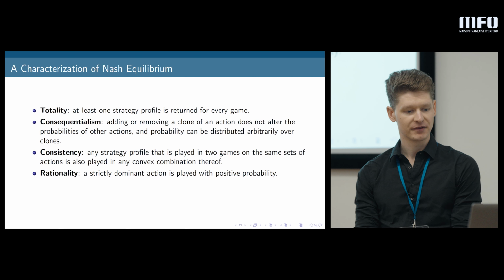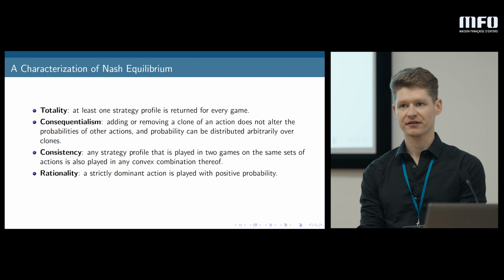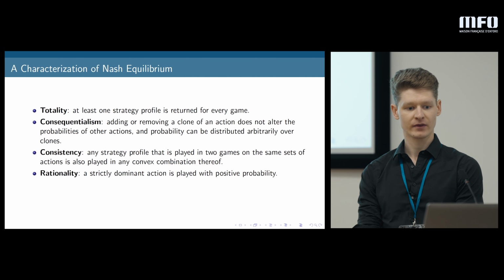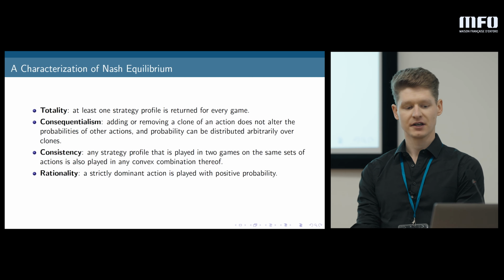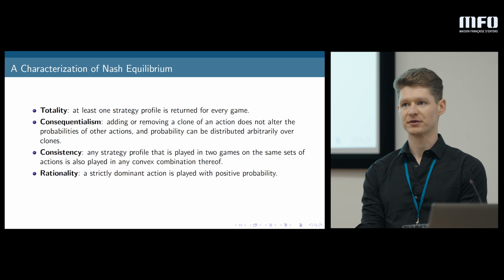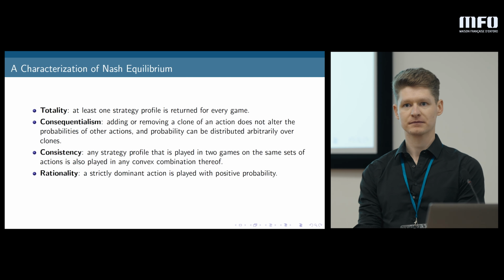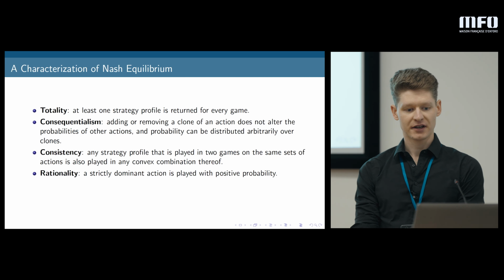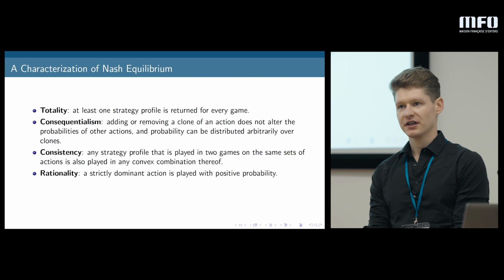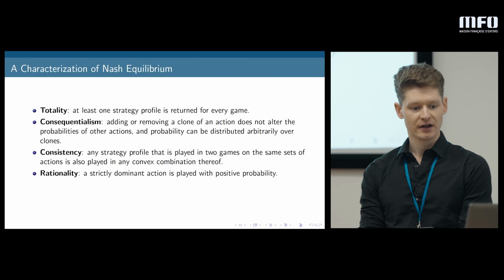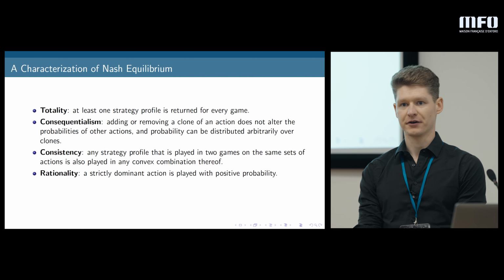So here are some more details on the axioms that we'll have in mind. The first one is totality, which says that the solution concept has to return at least one strategy profile for every game. The second one we call consequentialism, which essentially says that the labels of actions don't matter.